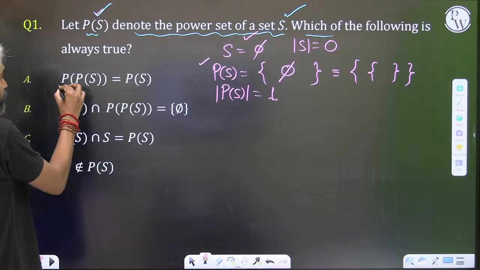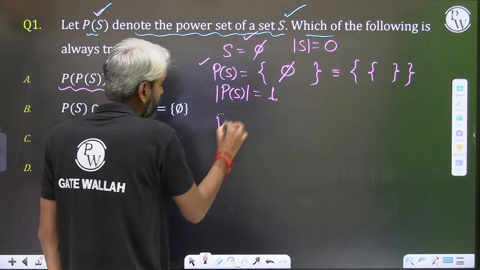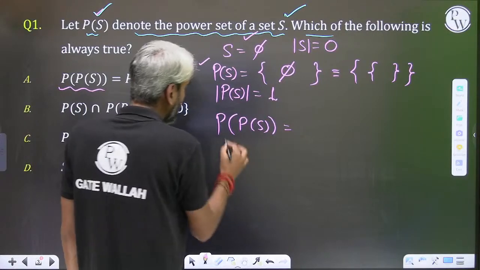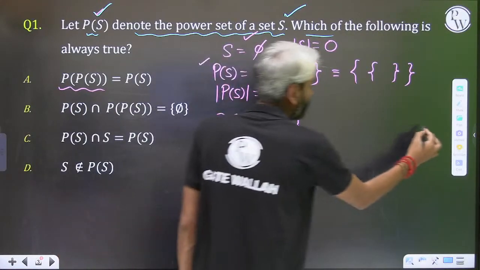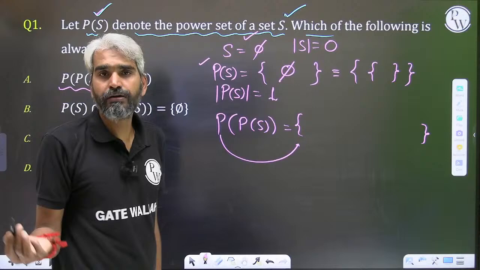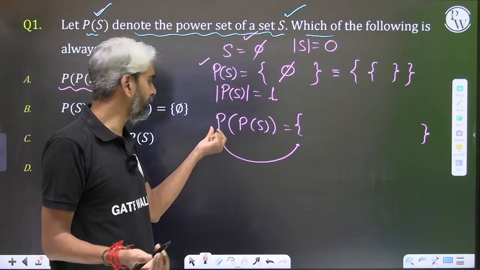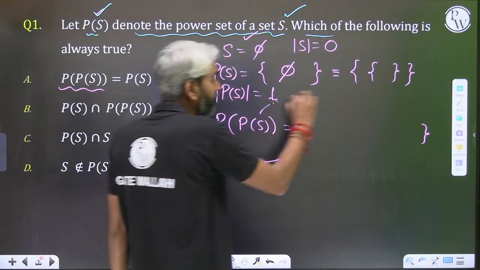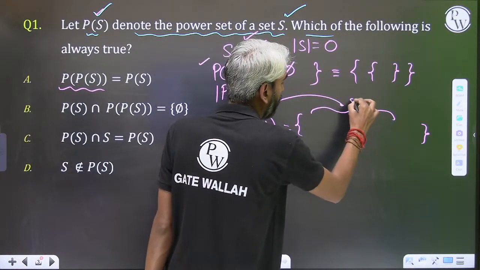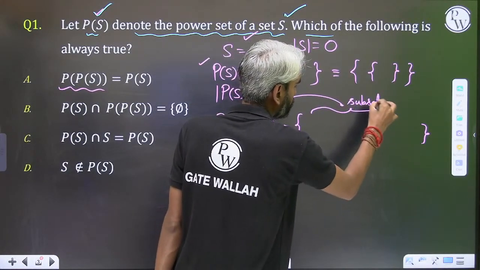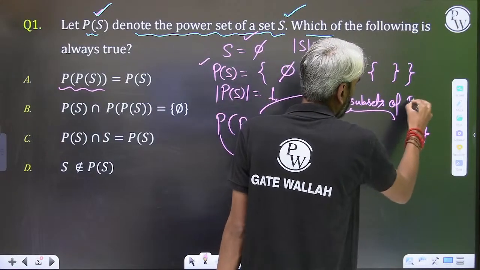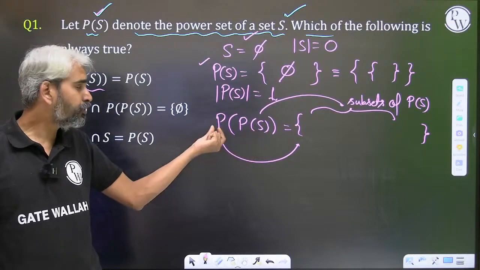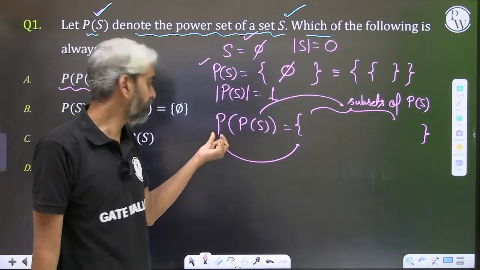Now if you try to calculate the power set of the power set of S, what does it mean? The power set of P(S) will be a set, and what will its elements be? The elements will be nothing but the subsets of the power set of S, because we are passing the power set of S as an argument to this function, which is the power set.